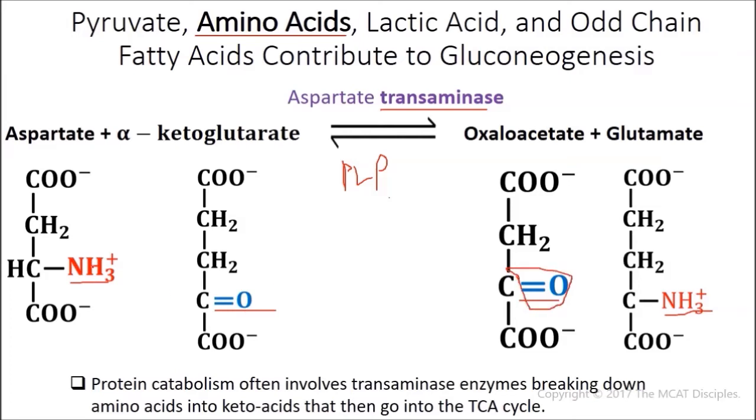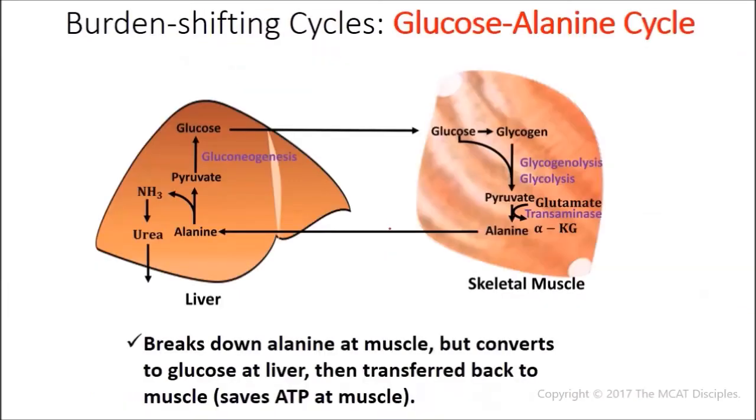All you do is transfer where you find the amine groups and where you find the double bond oxygen groups. And then these breakdown products often go into the TCA cycle, like aspartate plus alpha-ketoglutarate forming oxaloacetate plus glutamate. So there it is: transaminases used in protein catabolism.